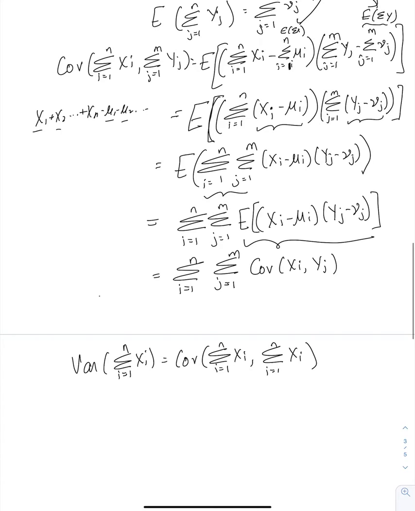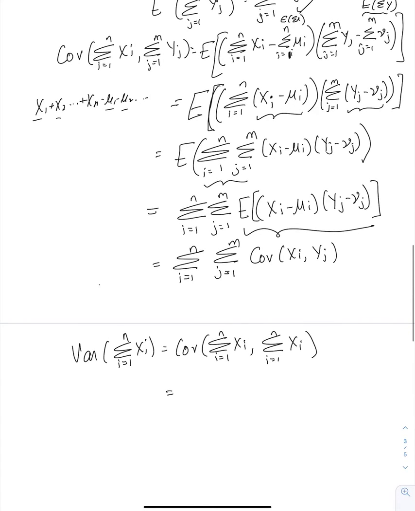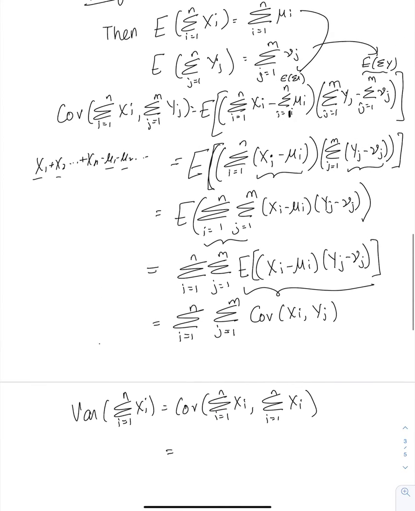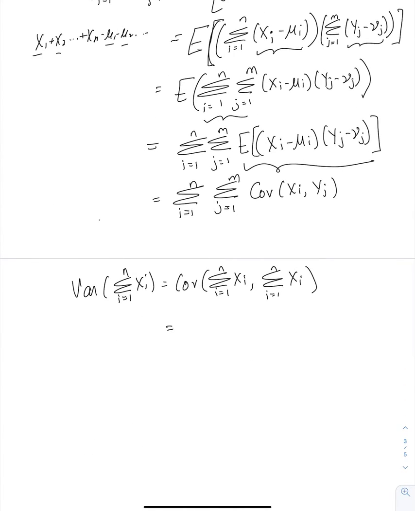Okay, and we have seen what that is: just the double sum of the covariances. And let's use a different letter here, j. Okay, even though it's the same thing, just so that we can keep track of which one we're talking about. Okay, and this will be the covariance of xi, xj.